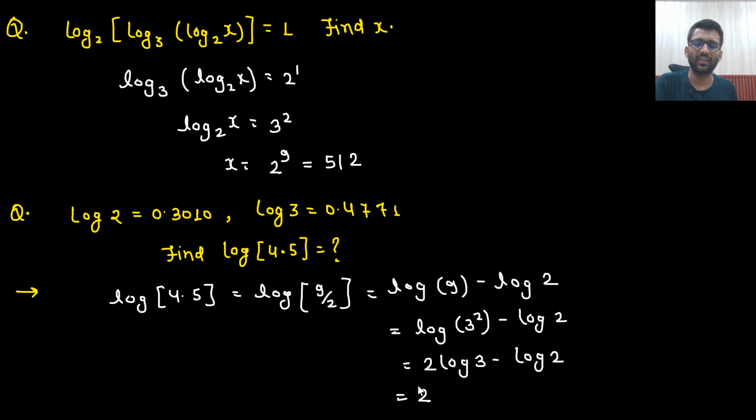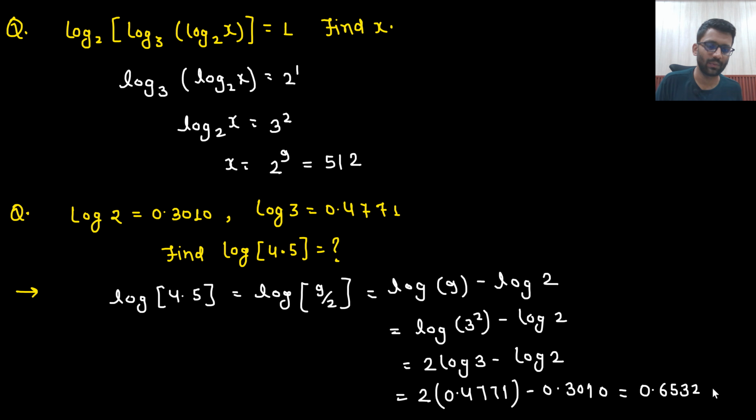Log 3 is 0.4771, and log 2 is 0.3010. So what is the answer? 0.4771 into 2 minus 0.3010, that is 0.6532. That's it. This is the answer.